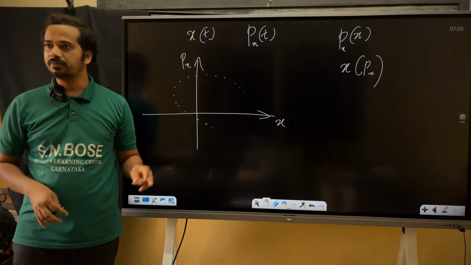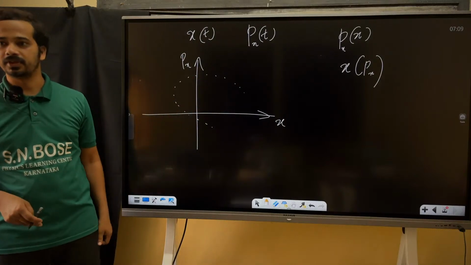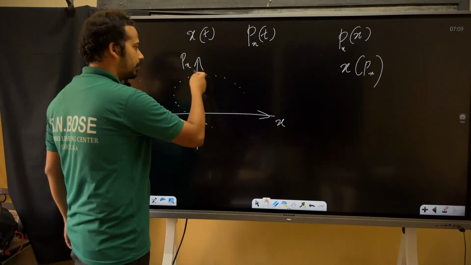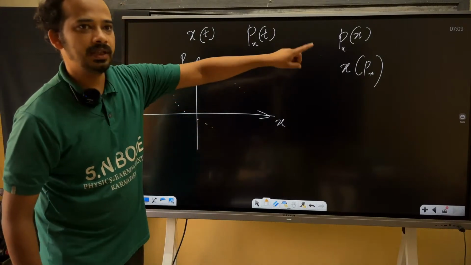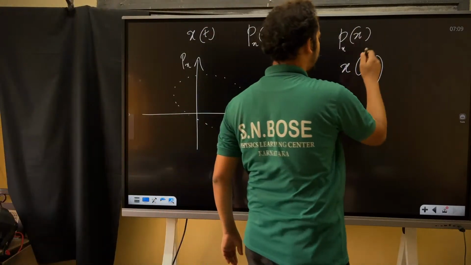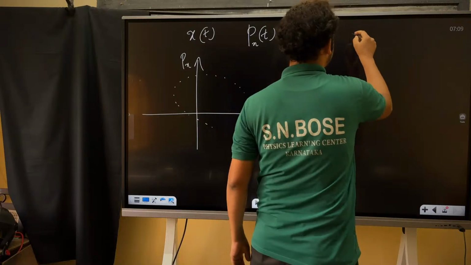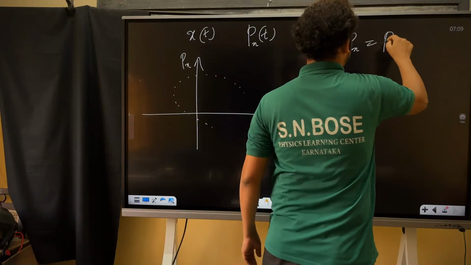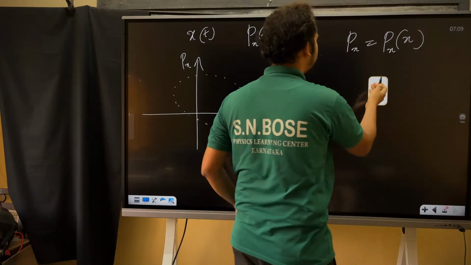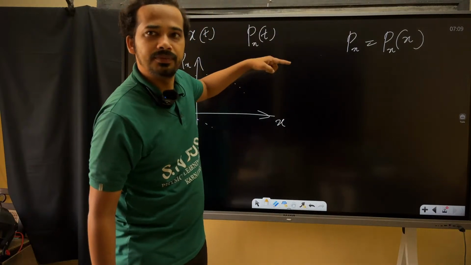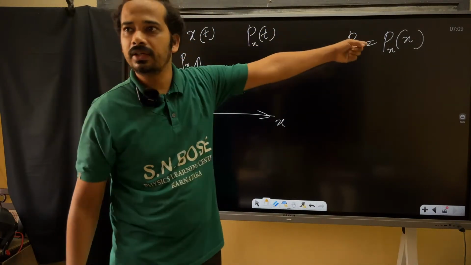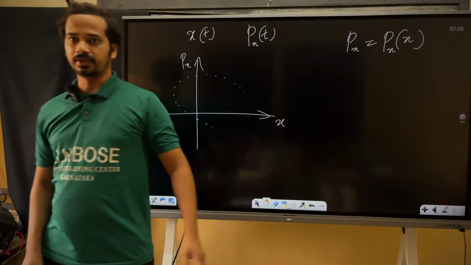When you eliminate time, it becomes a time-independent picture. If you have a relation of px as a function of x, you solve for time in one of the equations and substitute into the other, and you get the x and px relation.